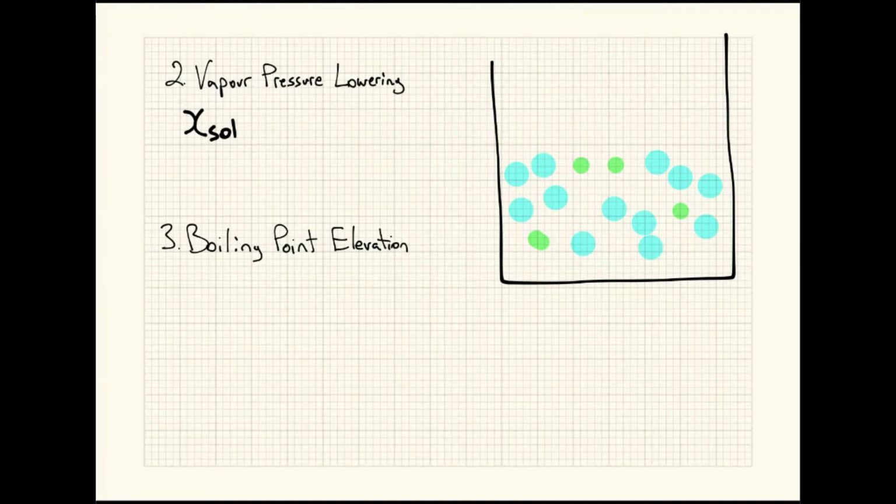So we need to know, in order to calculate this, obviously, the moles of each. And so the moles of my solvent, X solvent, will tell me what percentage or what fraction of this surface is my pure substance and what fraction is the contaminant or solute.